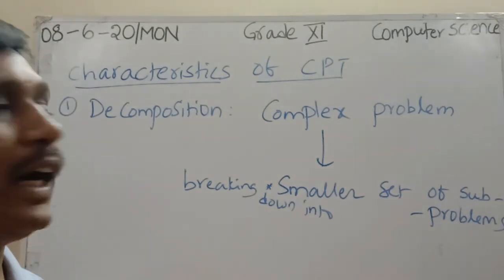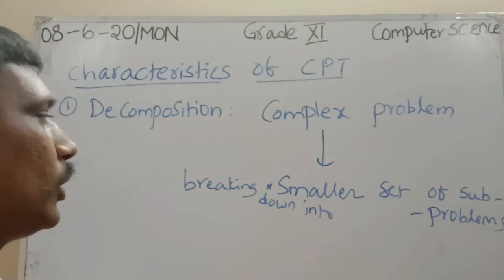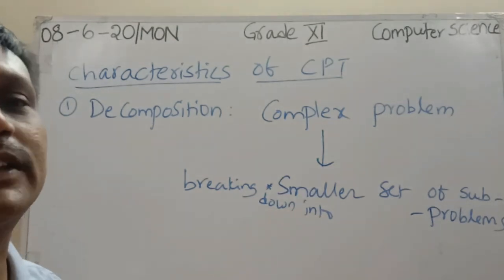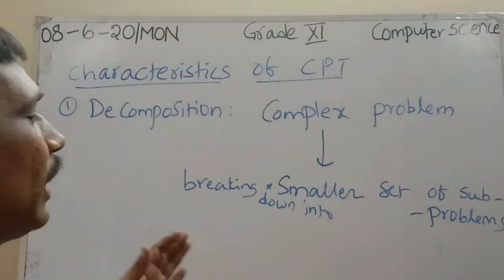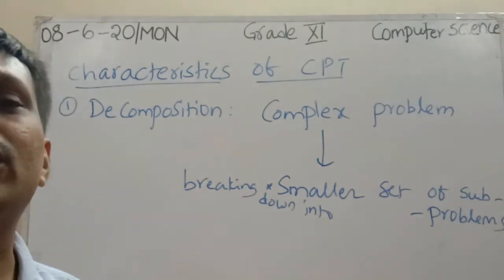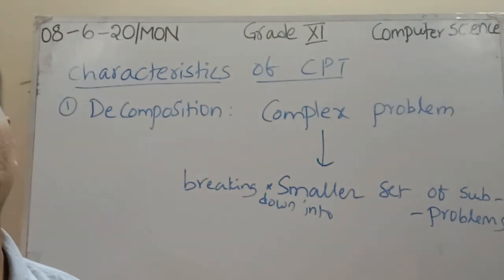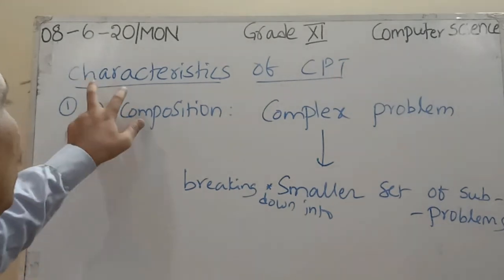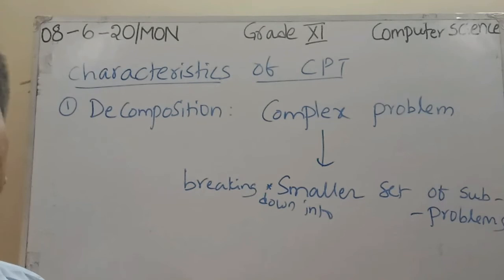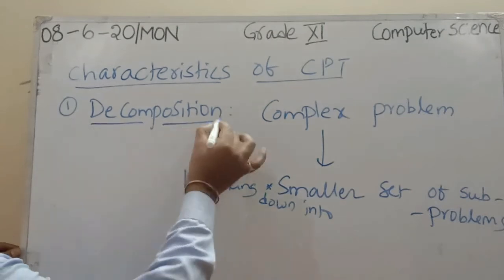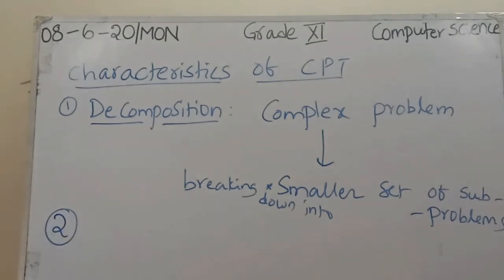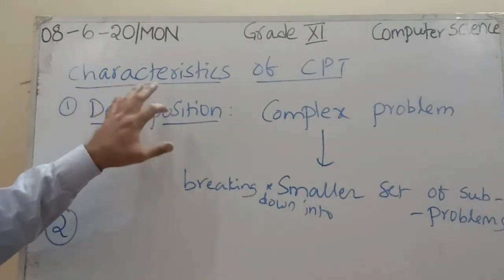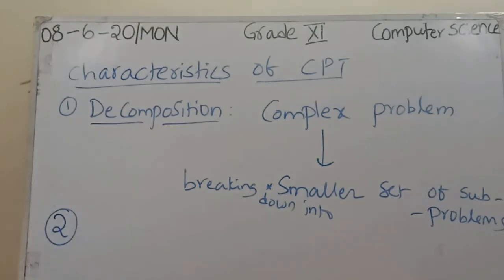After completion of breaking down into smaller subproblems, all these subproblems can be solved separately, and after that, all the subproblems are integrated into one problem. In this way, problems can be solved when we develop software. This decomposition can be achieved.